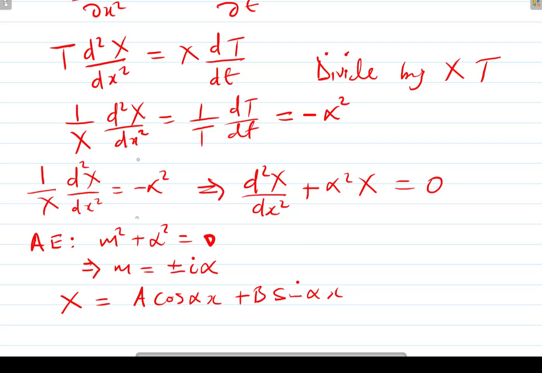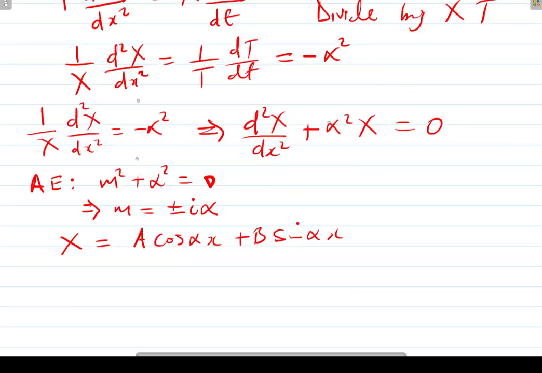Okay, so we have X. Now we need to get T. For us to get T, we have here 1 over T dT/dt equals negative alpha squared.